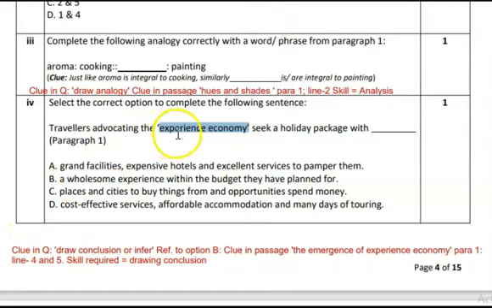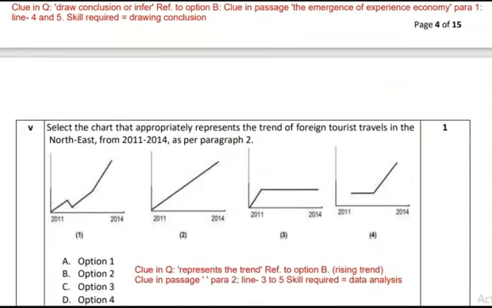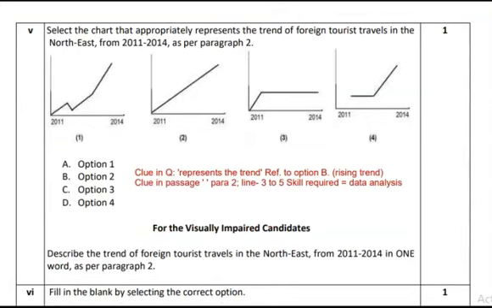So if you pay attention to these two words, the answer will automatically come out. A wholesome experience, a complete experience within the budget they have planned for. So it's all about understanding the clue. Now I have already given you the explanation also. You can take help by reading the explanation.